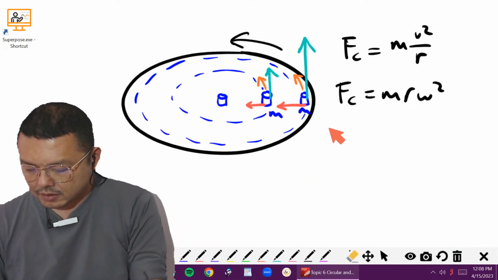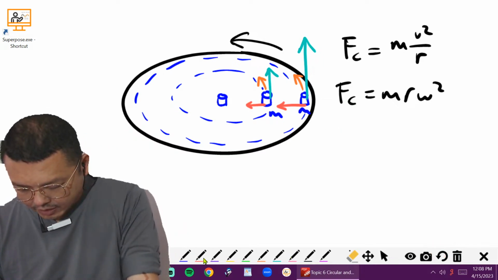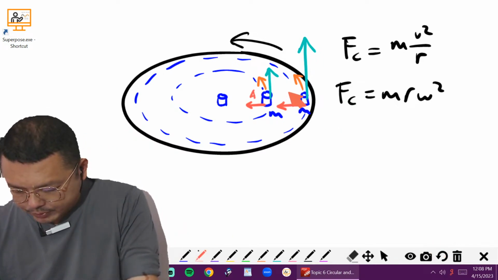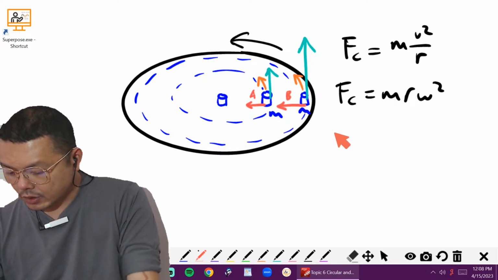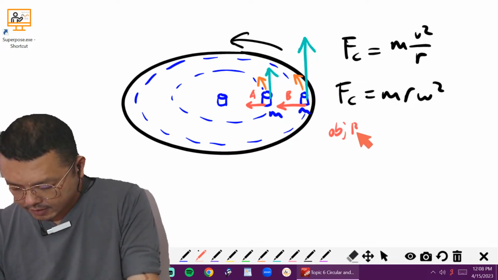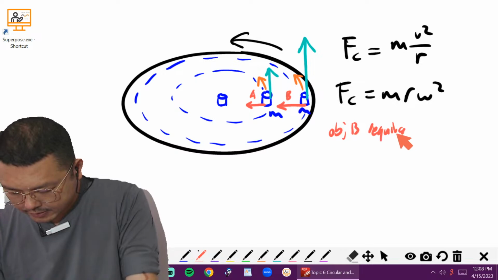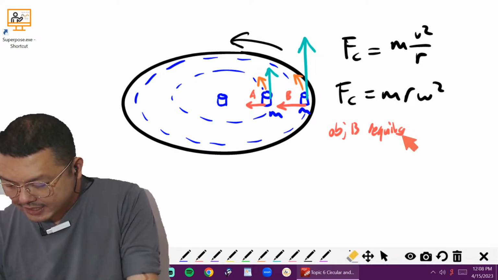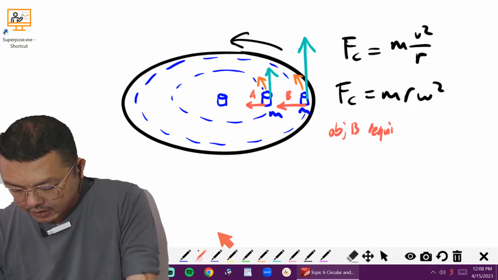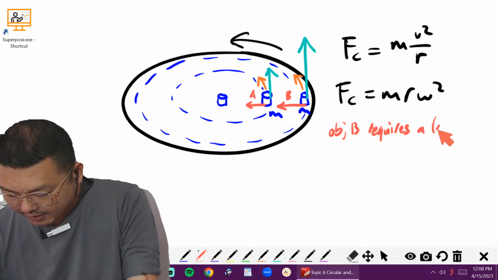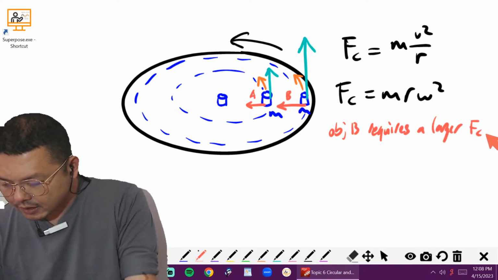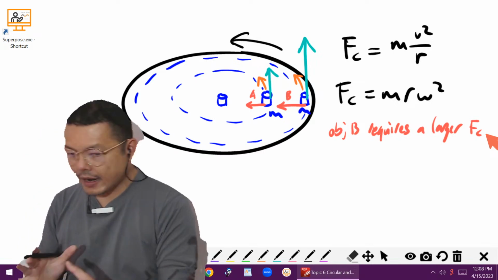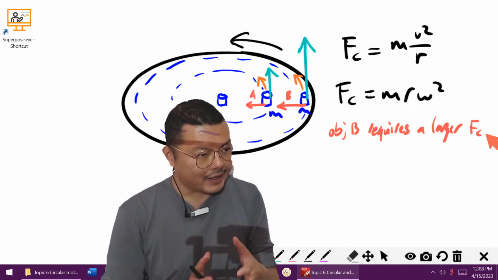Understand this? So let's say I call this object A and object B, not 1 and 2. Object B requires a larger Fc. Notice how I phrase this. I say it requires.